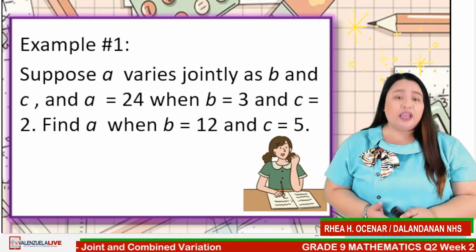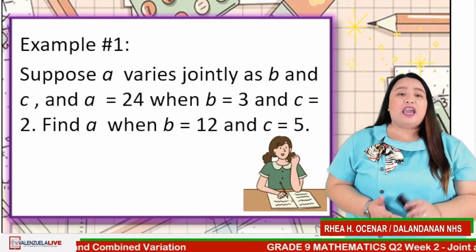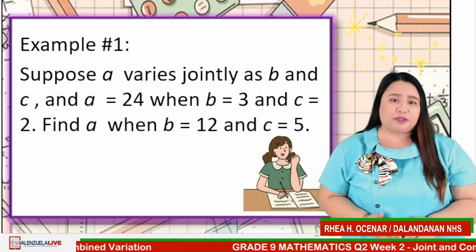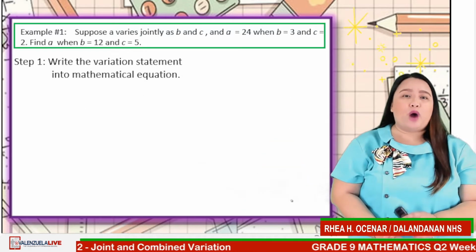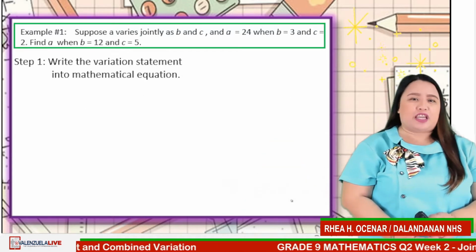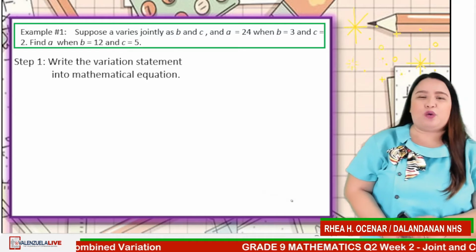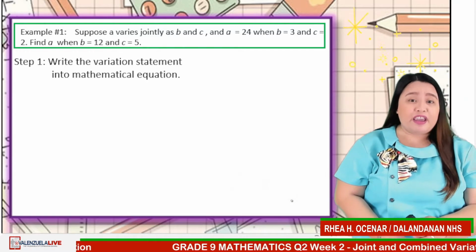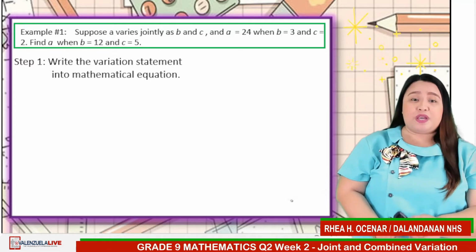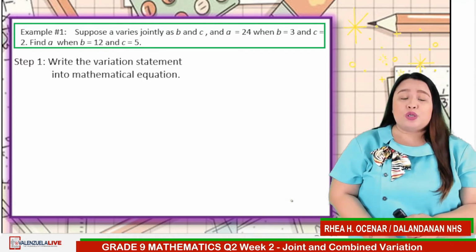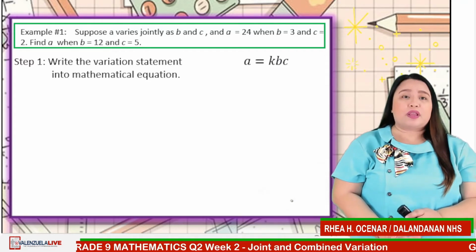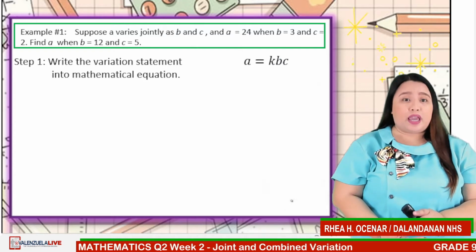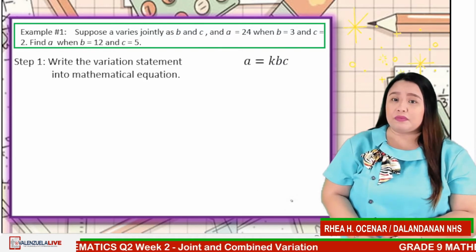Find A when B is 12 and C is 5. Step 1. Write the variation statement into mathematical equation. In example number 1, it says that A varies jointly as B and C. So we have A is equal to KBC.